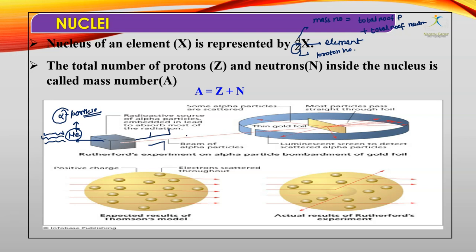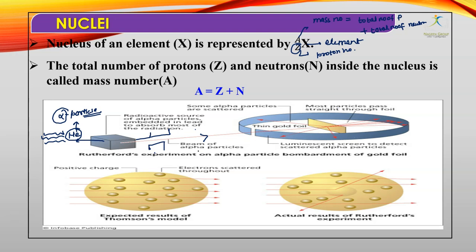Because we have applied a particular field, the alpha particles do not move here and there, they just move in a straight path. So this is a beam of alpha particles, which passes through the luminescent screen.